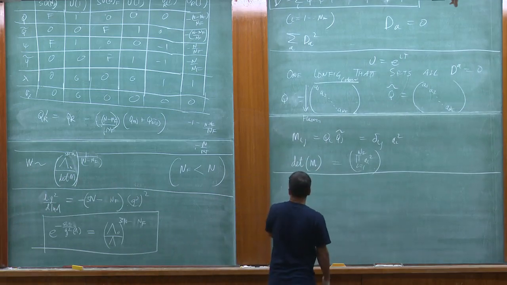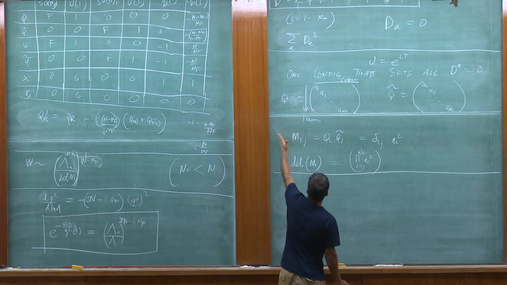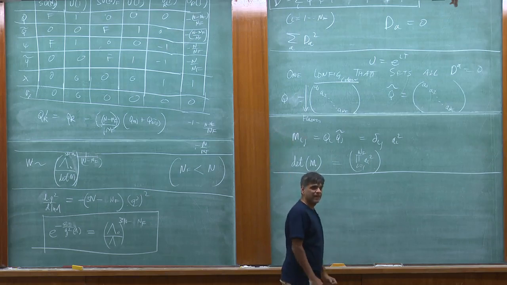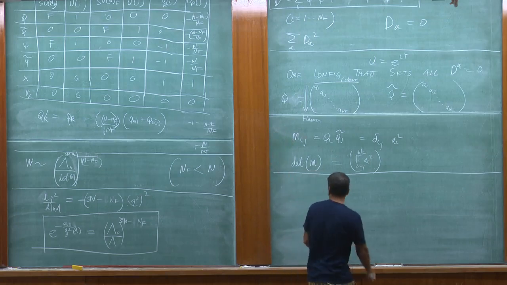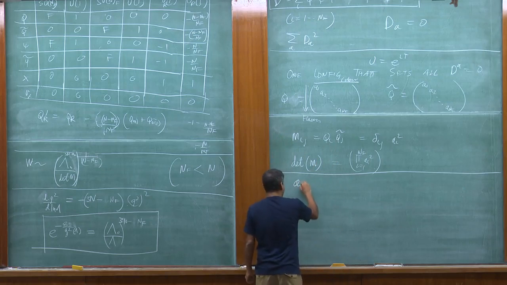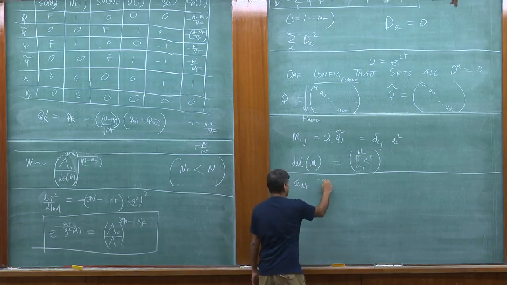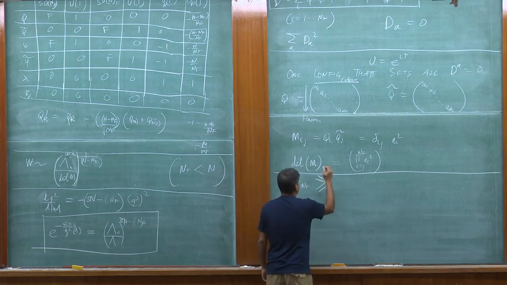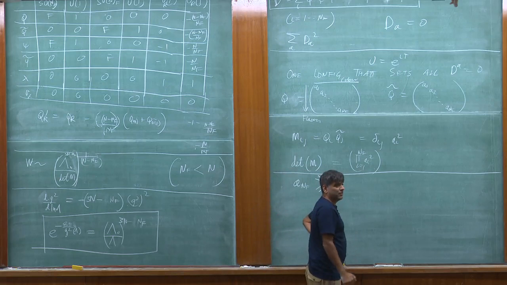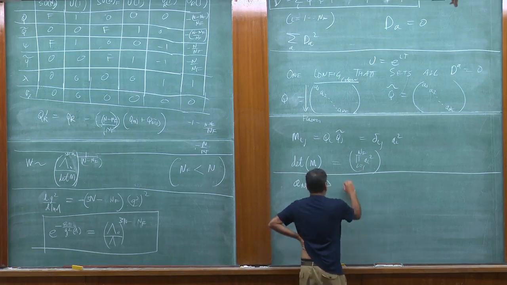Suppose we are on this space of vacua, and we take A_NF, and make that much greater than lambda.